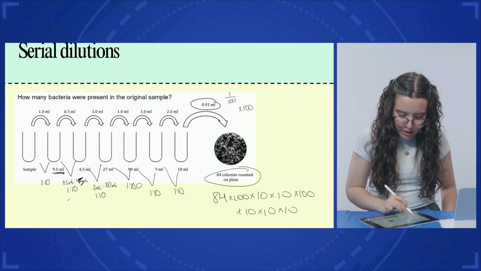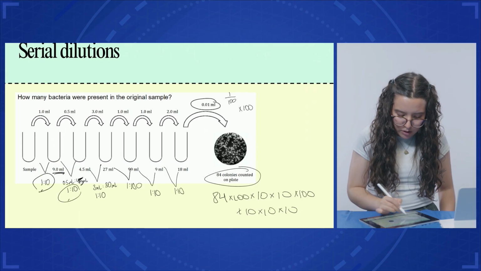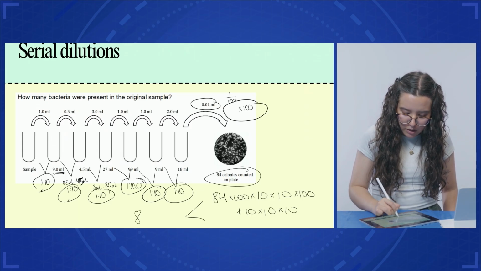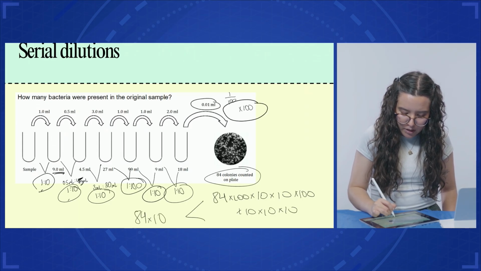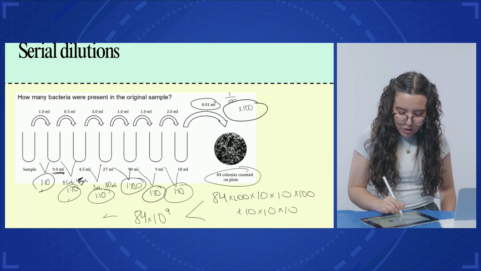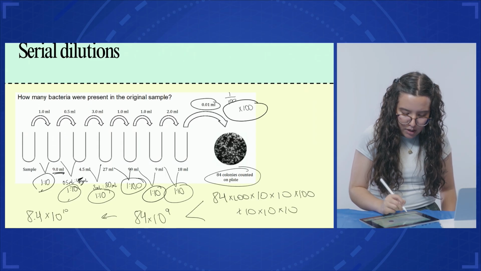And here I just went ahead and counted all of these. So you can also just go ahead and do the zeros route. So 1, 2, 3, 4, 5, 6, 7, 8, 9. So we know this is also just 84 times 10 to the 9th. However, that's not in scientific notation. So turning that into scientific notation would be 8.4 times 10 to the 10.